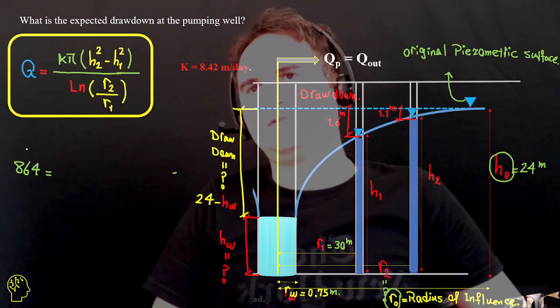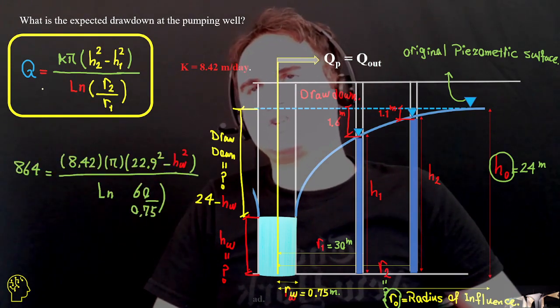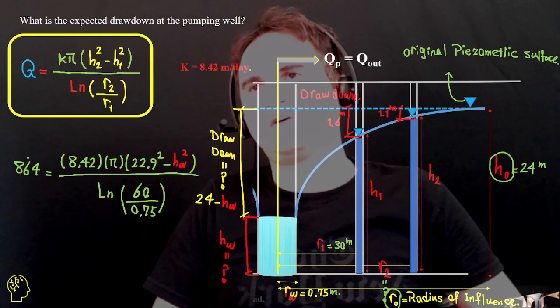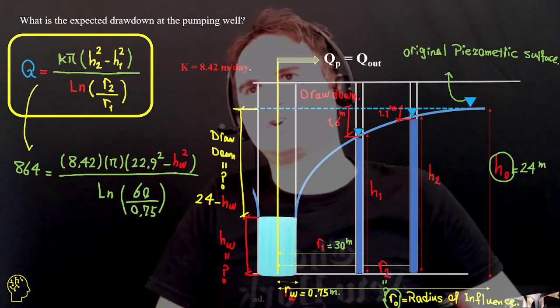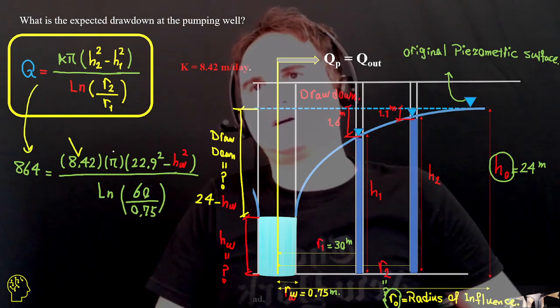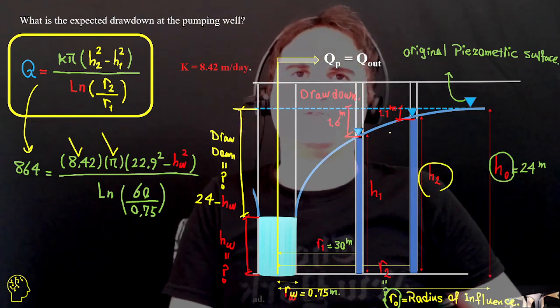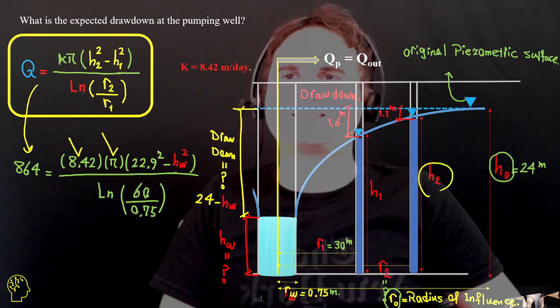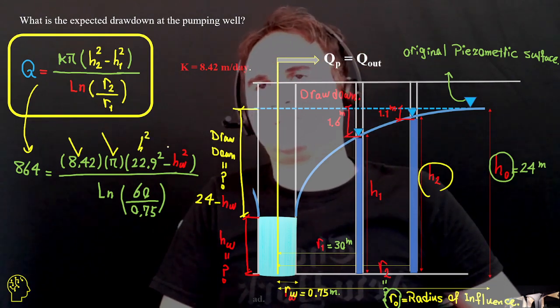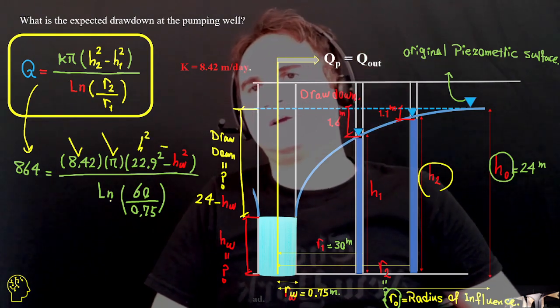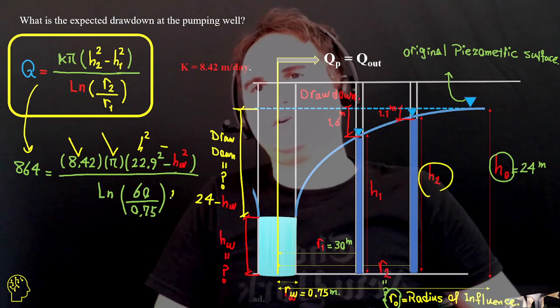So if you jot down the relation of unconfined aquifer again, the discharge is equal to hydraulic conductivity times pi. For the second one, this is 24 minus 1.1, that's H2 squared minus HW squared over ln of R2 over RW, which is 60.